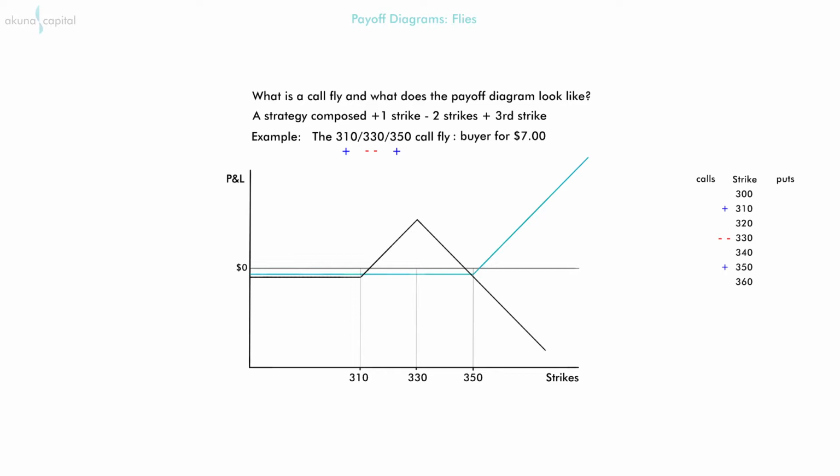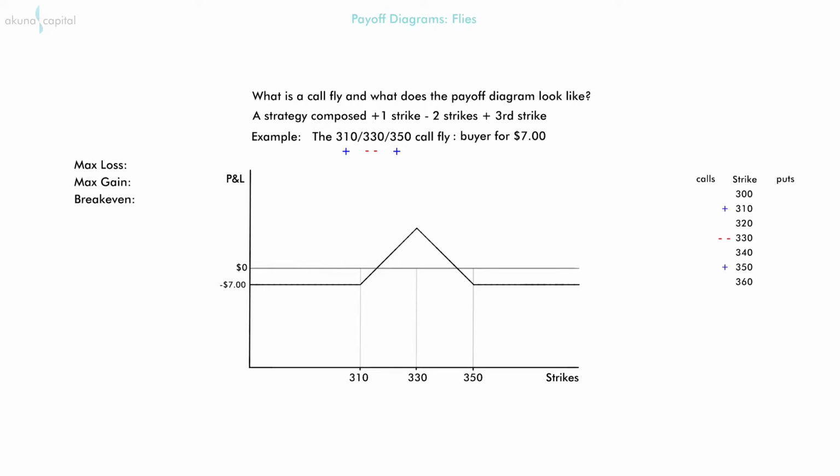Again, we'd use the price of this option as our horizontal line, and we'd start making money once the underlying moved above the 350 strike. Once again, we'll add these two vectors together to get our final shape of the payoff diagram. This symmetrical pyramid, with its peak right in the middle strike, is our final payoff diagram for a call fly.